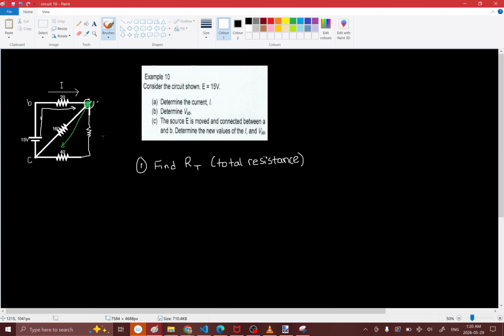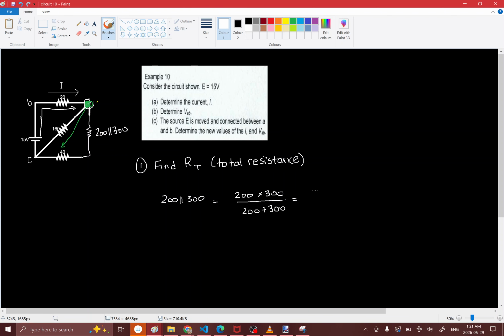And bam. So this one over here has the resistance equal to 200 parallel with 300. And 200 parallel with 300 is equal to 200 times 300 divided by 200 plus 300.